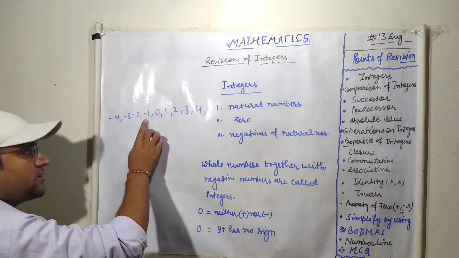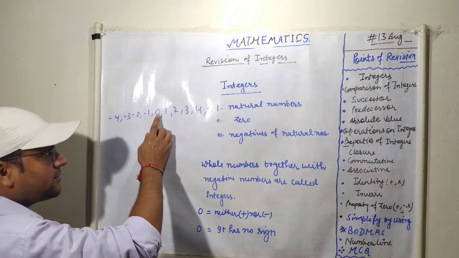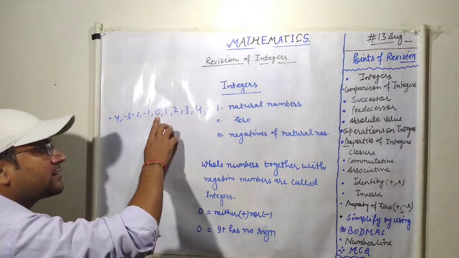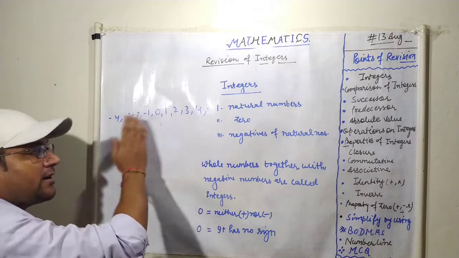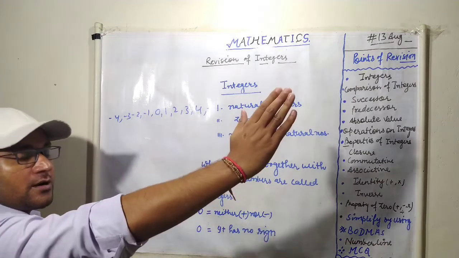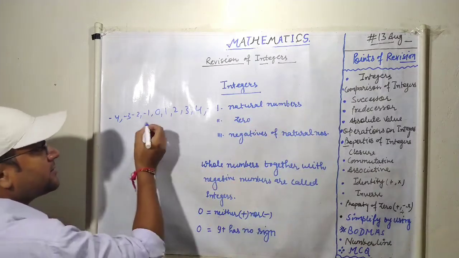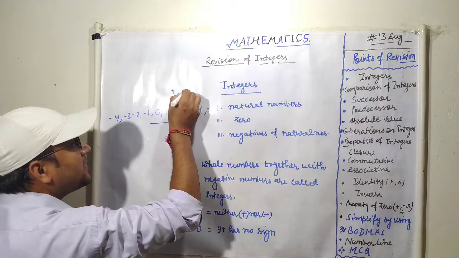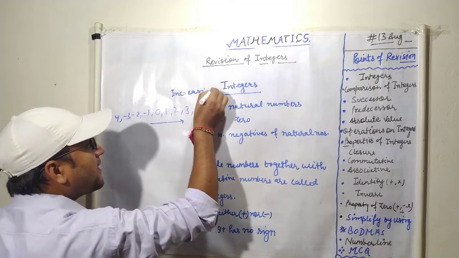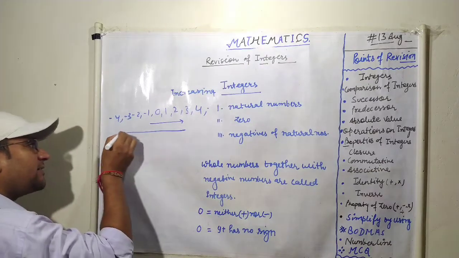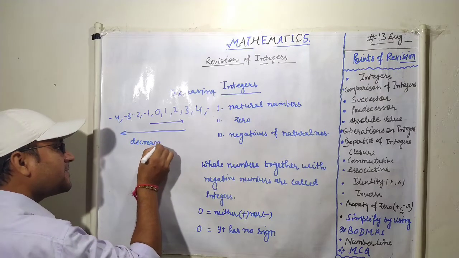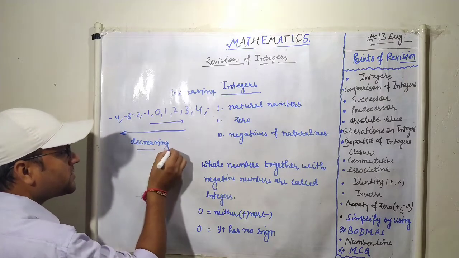Like minus 1 is less than 0, or 0 is greater than minus 1, 1 is greater than 0, 2 is greater than 1. Means that if you are moving in the right direction, the value of the integer is increasing. And if you are moving left side, then the value of the integer is decreasing. So this is a very important point, students.